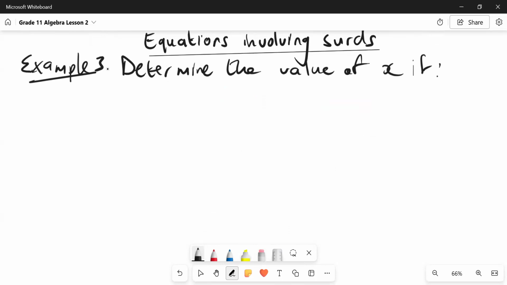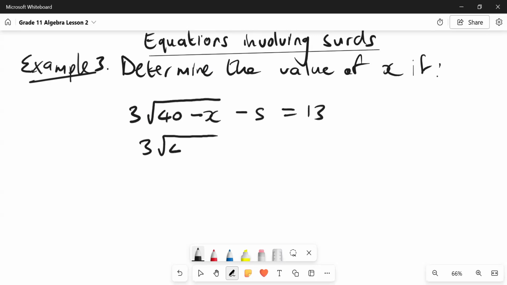Number 3, now we are given 3 root of 40 minus x, and then minus 5 equals 13. Again, you have to isolate your root, which is your set. When you transpose, 5 changes to positive, then this will be 18, and then square both sides.